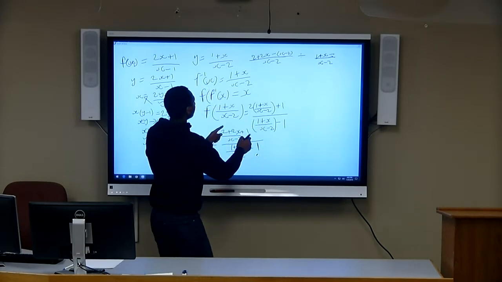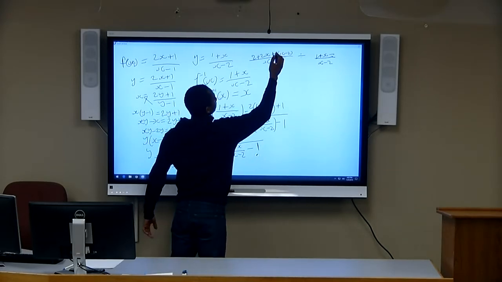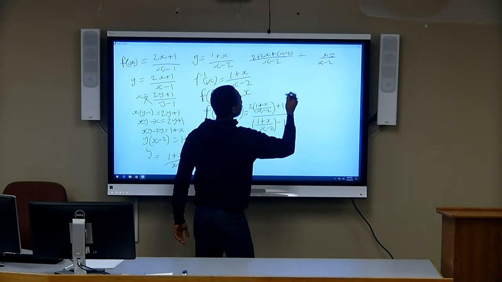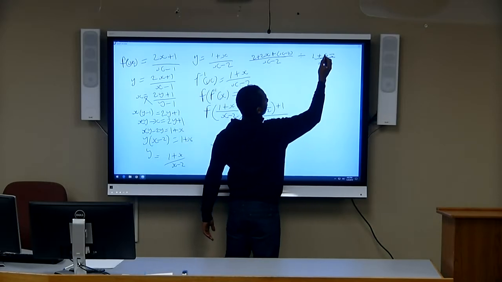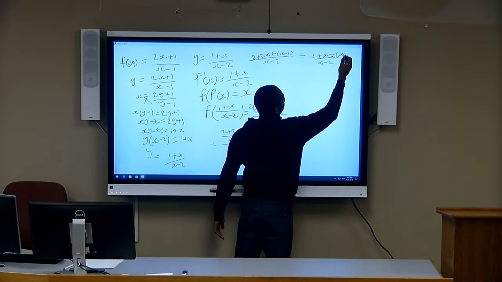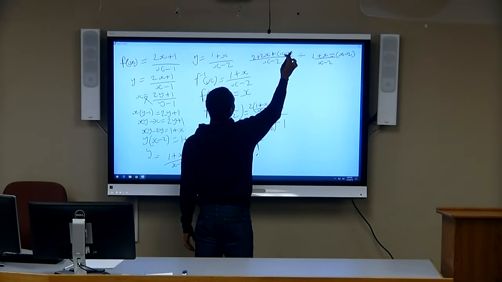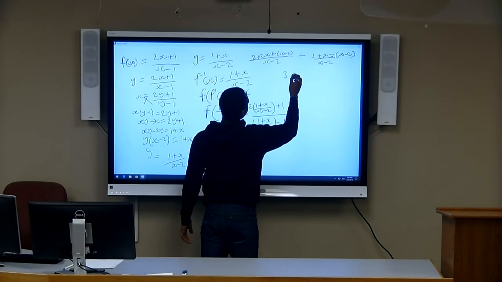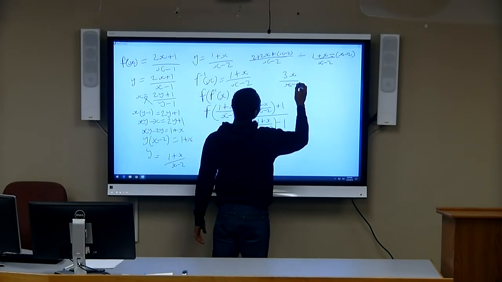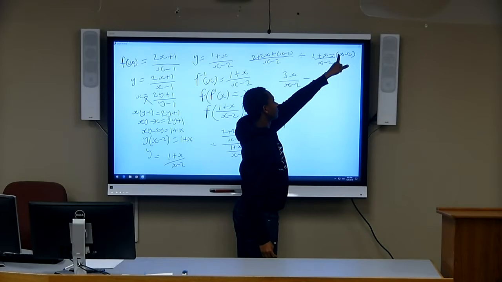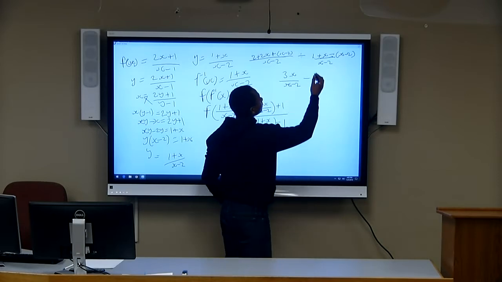I think this thing here should be plus instead of minus. This thing should be plus. Let me erase this part. 1 plus x minus 2. So this thing is going to be 2 minus 2, which is equal to 0, and 2x plus x, which is 3x. 3x over x minus 2 divided by, this is 1, this is minus 2 times minus 2, which is plus 2, plus 2 plus 3, that is 1.